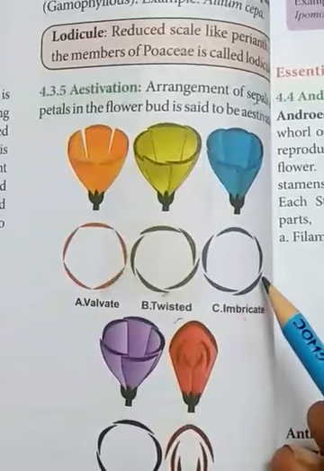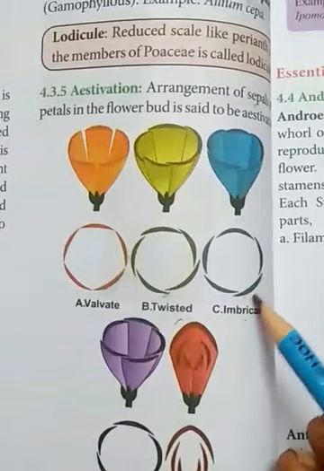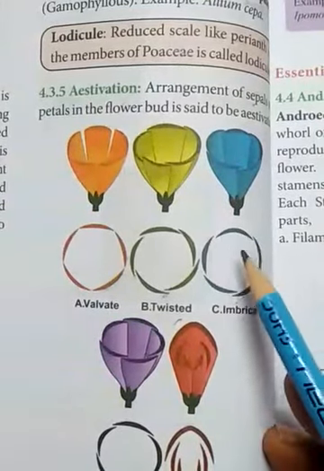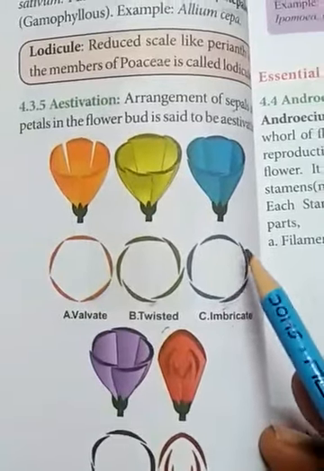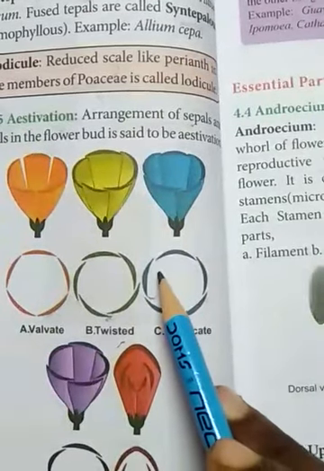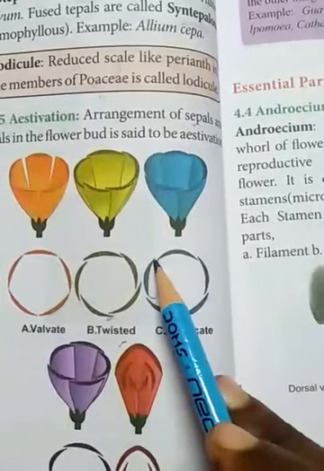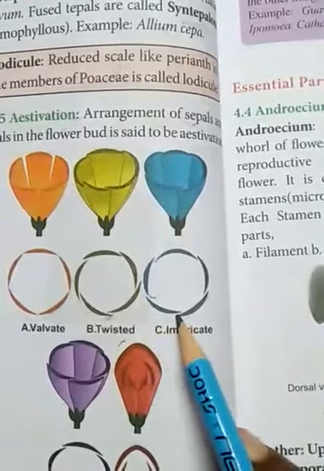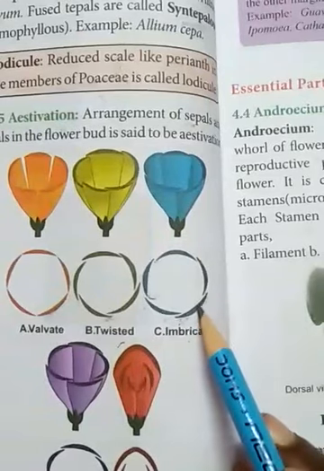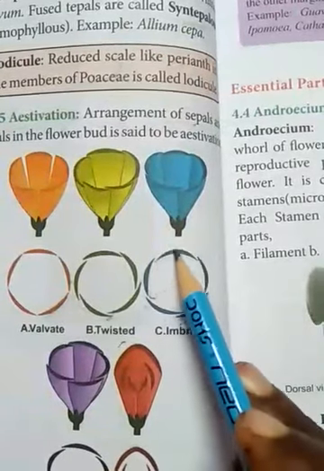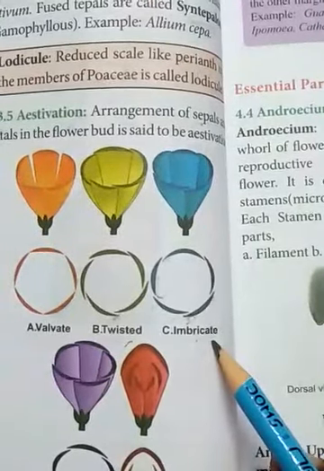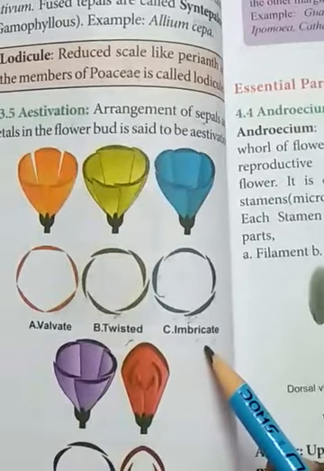Here one sepal or petal is completely outside, with both margins outside, and one is completely inside, with both margins inside. The remaining ones show the twisted arrangement, with one end overlapping and the other overlapped.